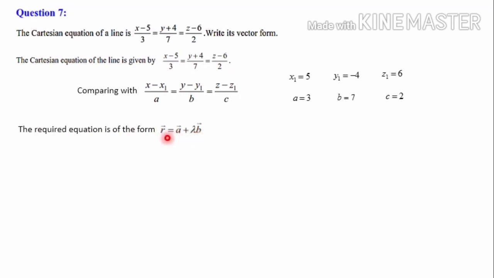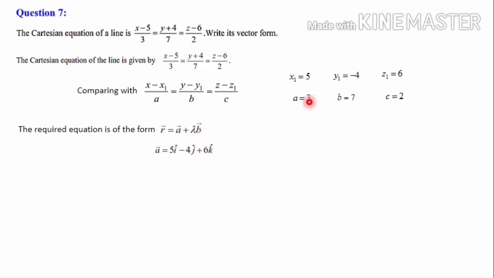This is the vector form of the point parallel form. Vector a we can form, that is the position vector of the given point, the passing through point. The passing through point is 5, -4, 6, so vector a we can write as 5i minus 4j plus 6k. Then b is the parallel vector.